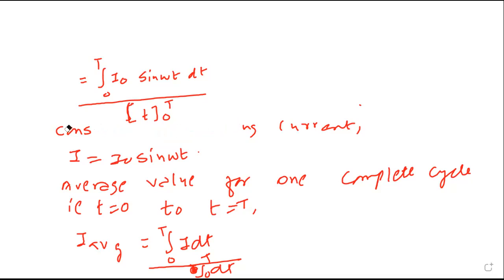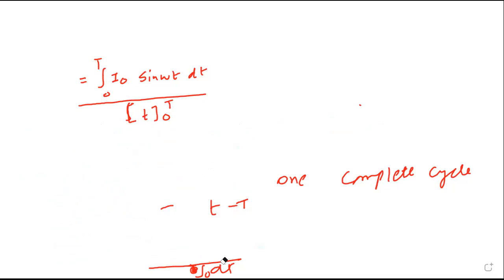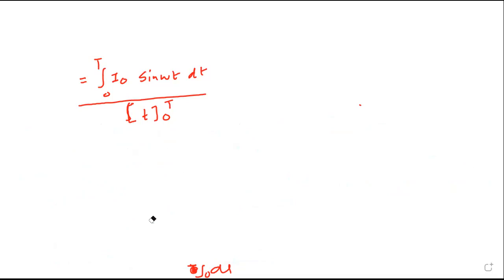Okay. So denominator integration of dt will become T, and limits of integration are lower limit 0, upper limit T. I naught is constant. What is integration of sine? Plus cos or minus cos?